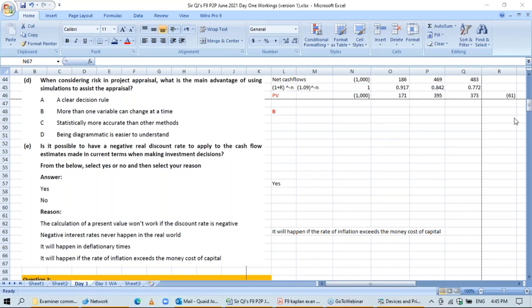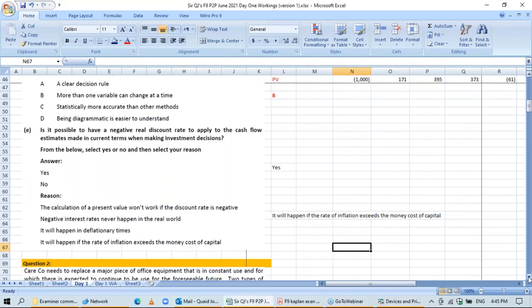If the rate of inflation exceeds the money cost of capital, and you put in the formula which we used in part A, then if the money rate is lower and the inflation rate is higher, obviously the real rate can become a negative discount rate. So that's the answer.